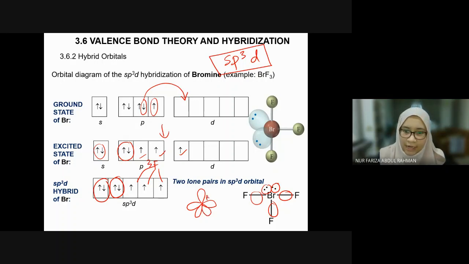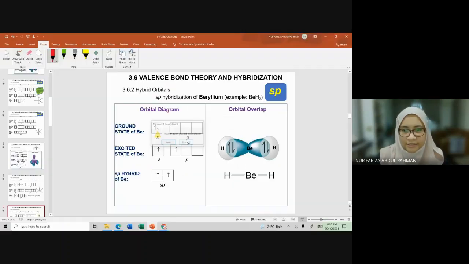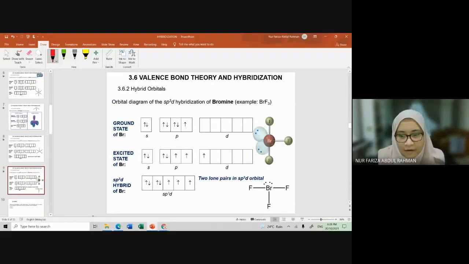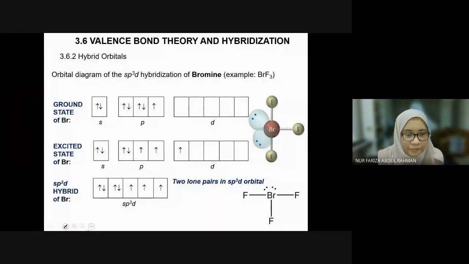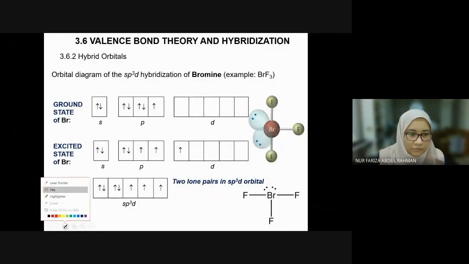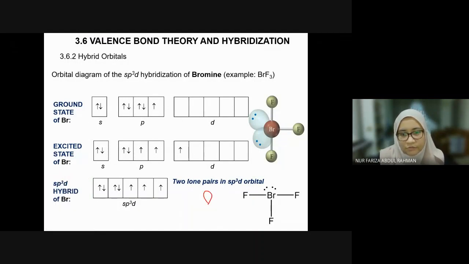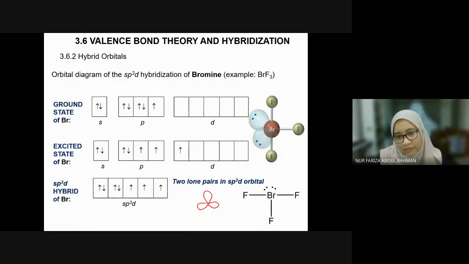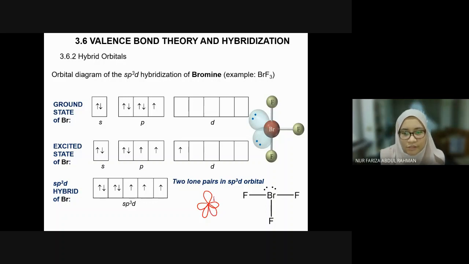Label Br. Okay, mana nak lukis? 1, 2, 3, 4, 5. Okay, so this is Br.